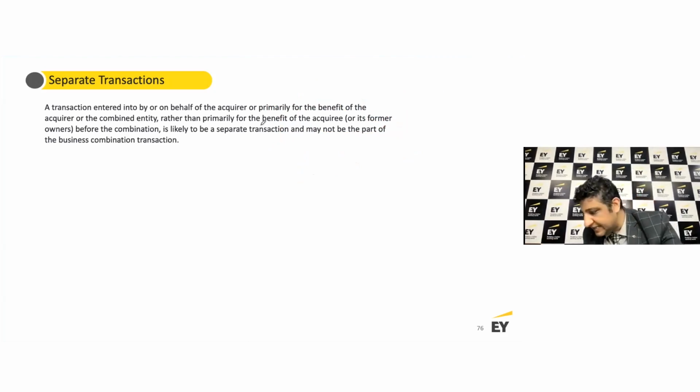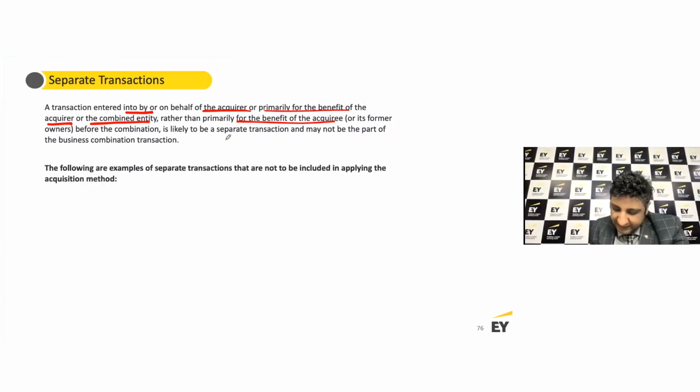And in case there is an acquisition taking place, you need to look at whether the transaction would eventually benefit the acquirer or the group, right? And accordingly, the treatment has to be done on that basis.